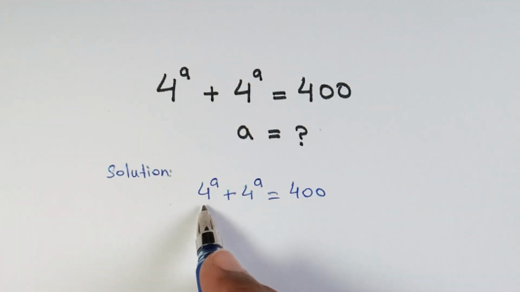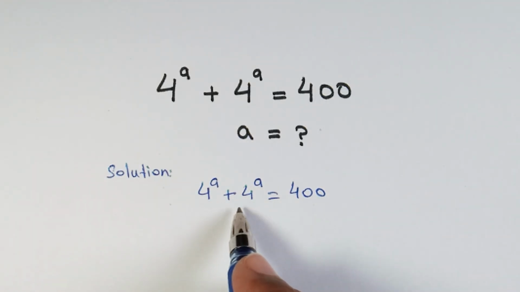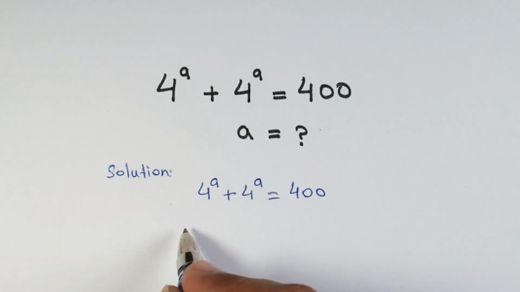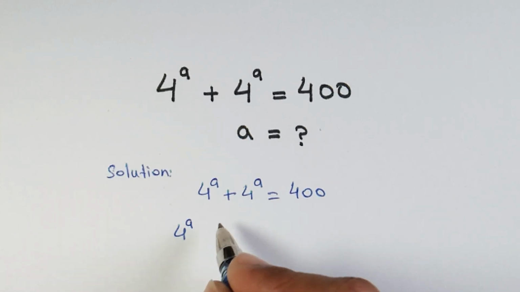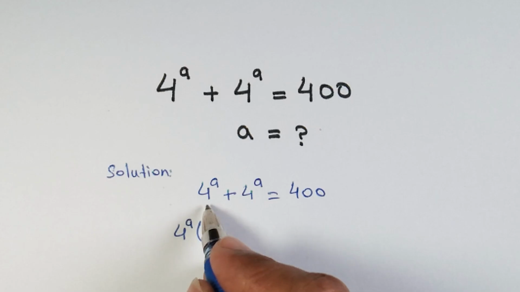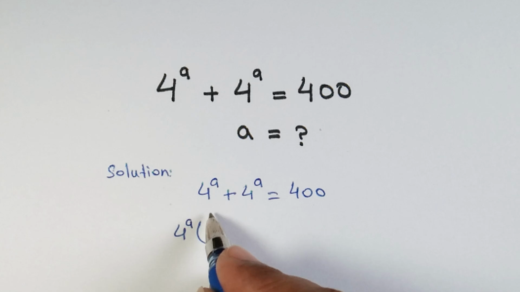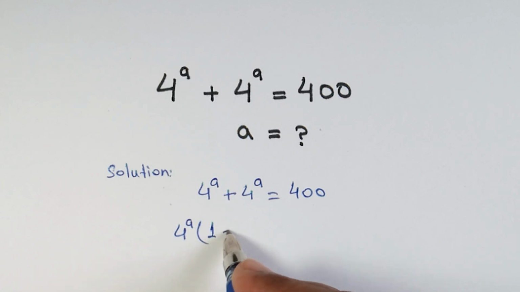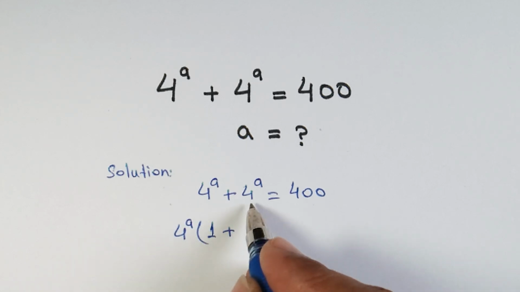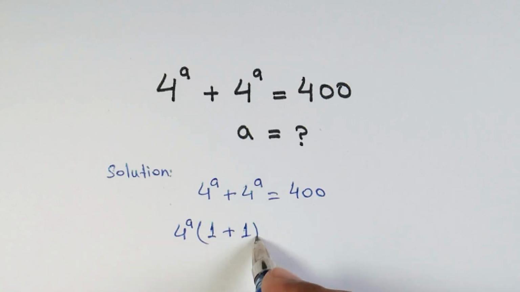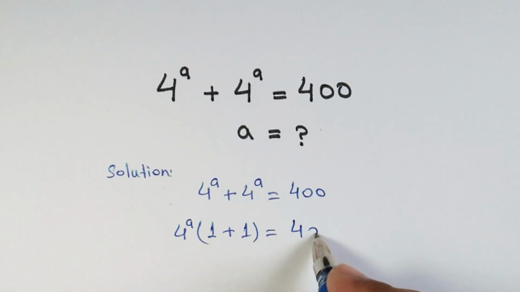4 power of a is common in both terms, so we will take it as a common term. Now 4 power of a, bracket. For this we will divide 4 power of a by 4 power of a, which will give us 1, plus the same, 4 power of a divided by 4 power of a, which is 1, is equal to 400.